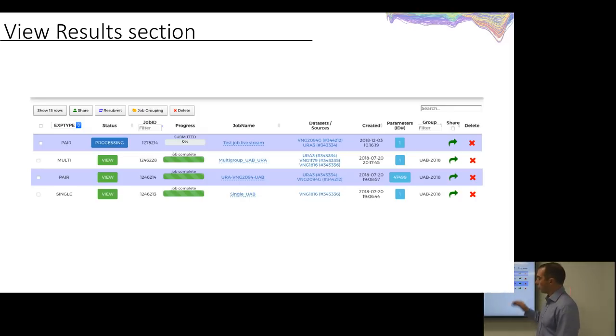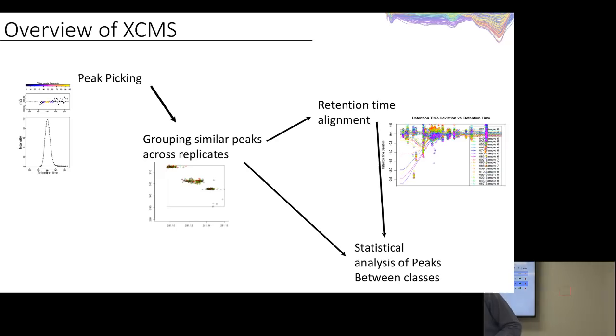And while this one's running, we're going to take a quick look into what it actually does. Like I said at the very beginning, this is what XCMS does: it does peak detection, grouping of features, retention time alignment, and then the statistical analysis. These are all of the different parameters that you've just put in that set there.